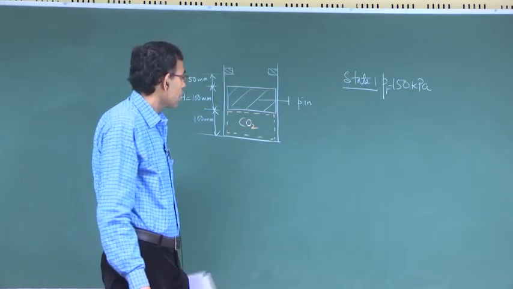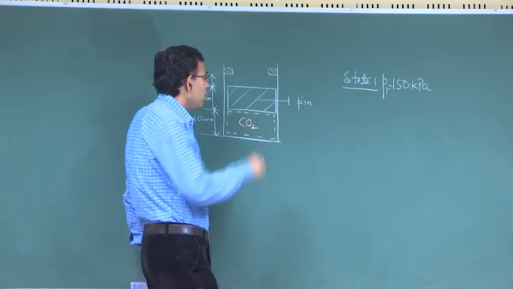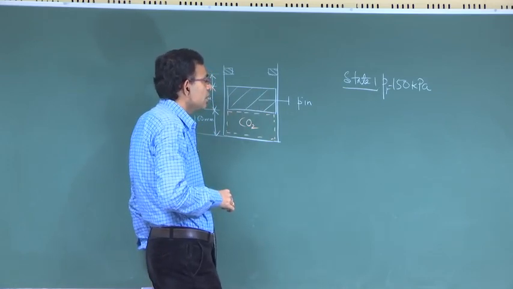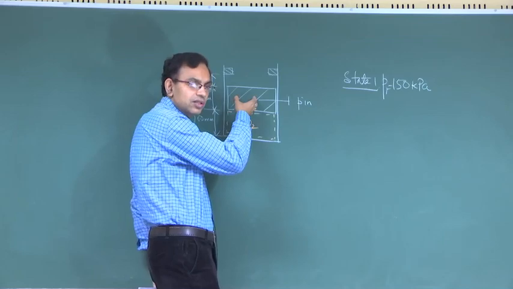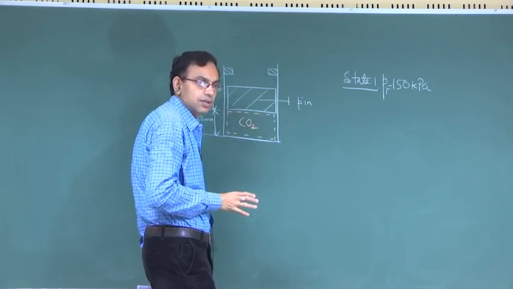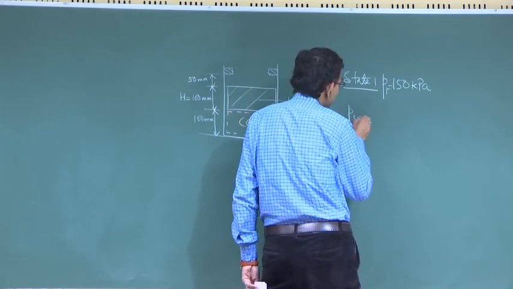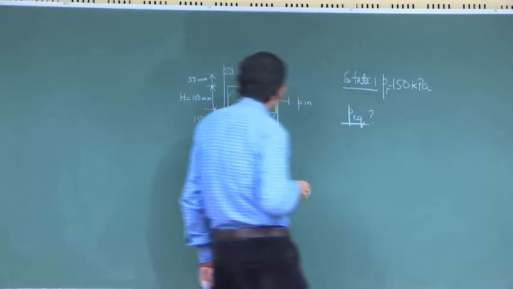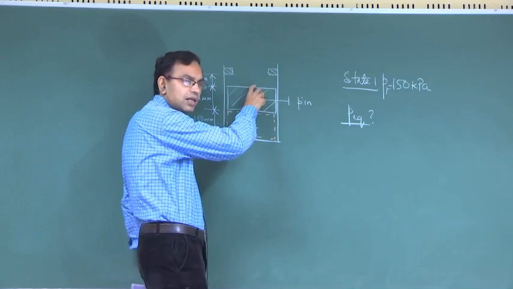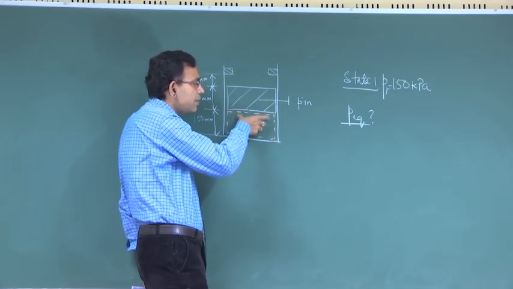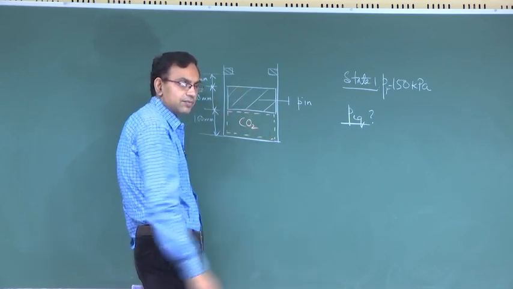Now, what will be the equilibrium pressure at which the piston will float if the pin is removed? Let us calculate that. So, what is P equilibrium? P equilibrium means if the piston is in equilibrium under all forces, then what would be the corresponding pressure inside?